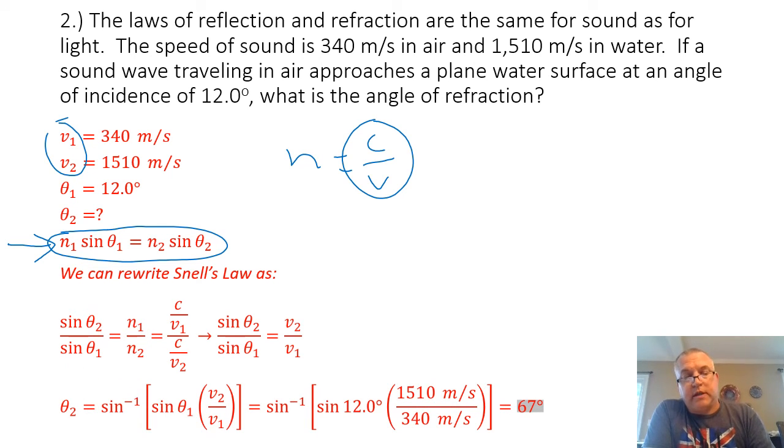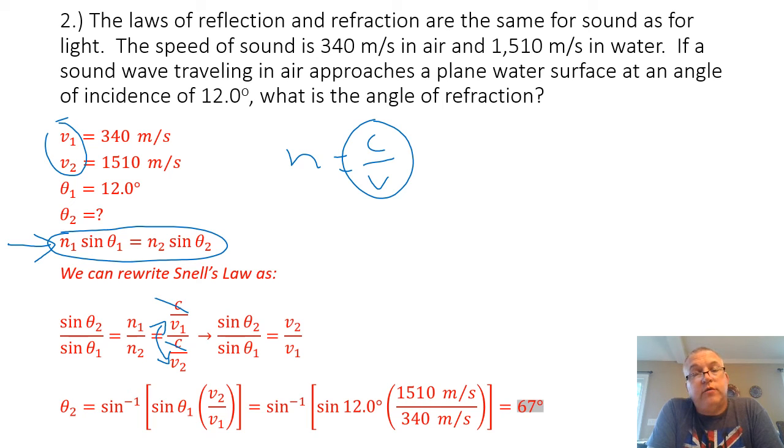So let me just kind of clean this up a little bit here. Now we have c over v1. My c's are going to cancel out, so those go away, which simplifies things down a little bit. And my v1 and v2 are actually going to switch positions because v1 is in the denominator of my numerator, which will move that down into the denominator.